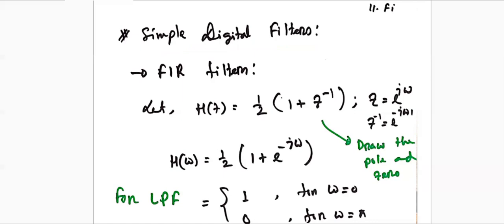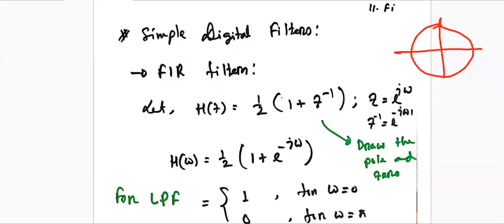What is an FIR filter? I have already mentioned that in the case of an FIR filter, you don't have any pole locations other than the center. If you have any pole location, it can be at infinity.